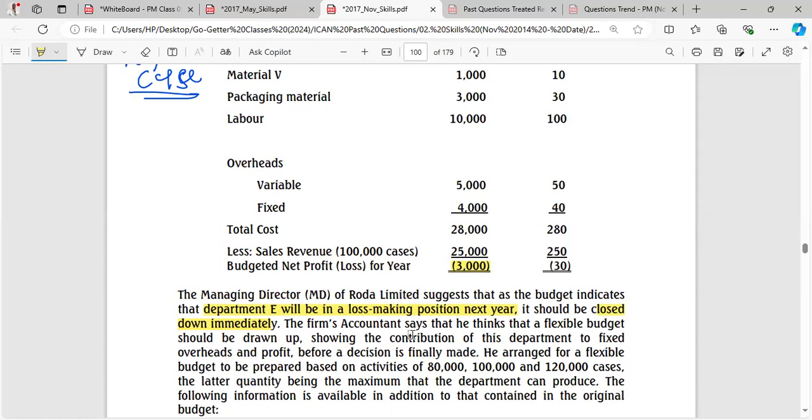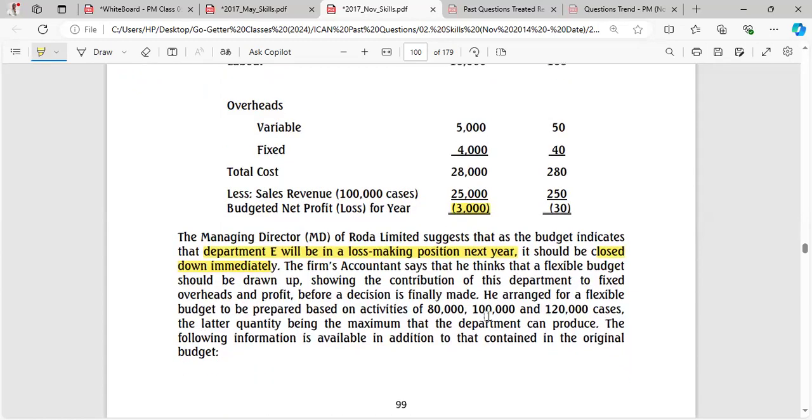The firm's accountant says that he thinks that a flexible budget should be drawn up, showing the contribution of this department to the fixed overhead and profits before a decision is finally made.